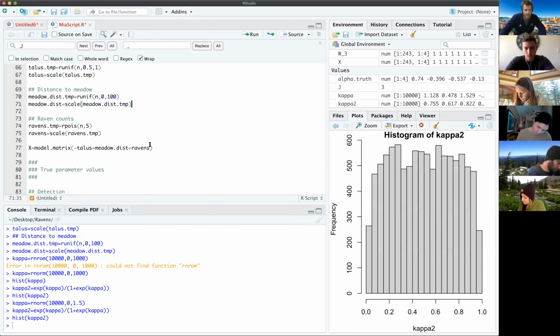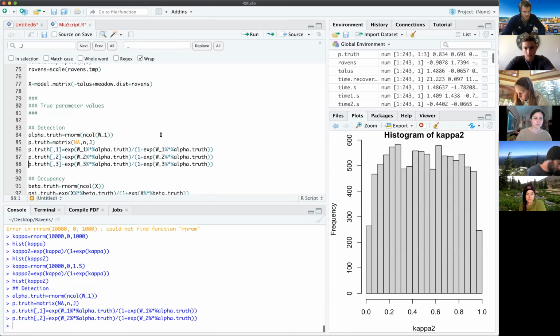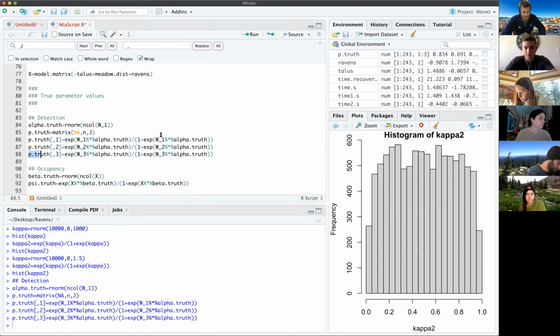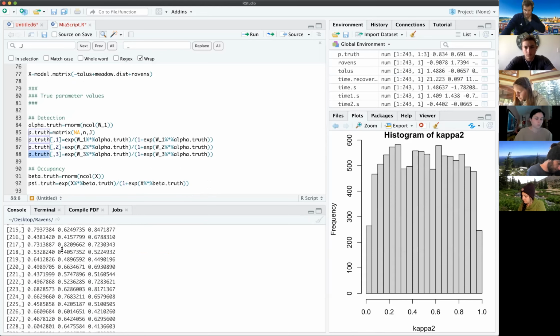All right, so let's look at our true detection probabilities. We have 243 sites, 3 visits each, and the detection probability changes at each site depending on who's observing it and what time of day it is.